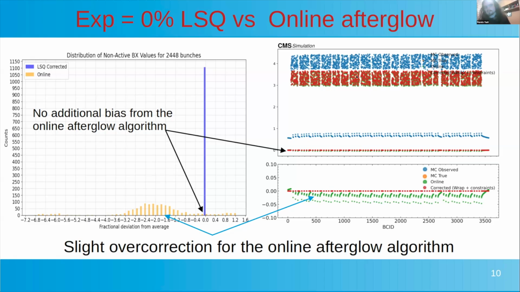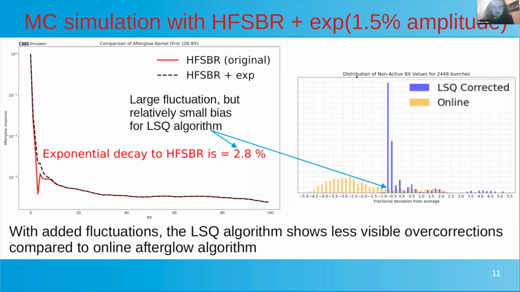It becomes a bit more interesting if we add some fluctuations. The cumulative fluctuation here is 2.8%, which is actually pretty large. But even with these large fluctuations, our LSQ algorithm shows better results compared to the online afterglow algorithm.